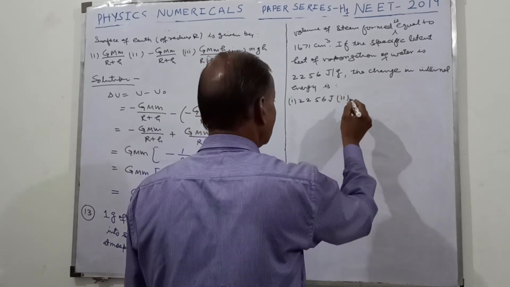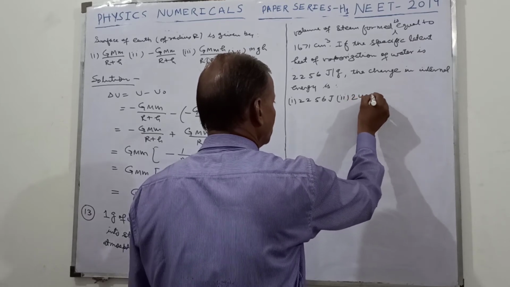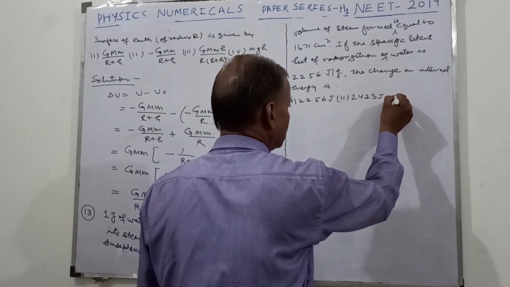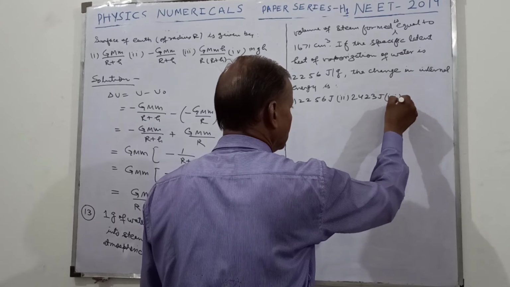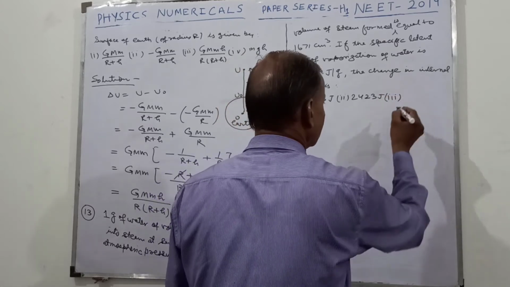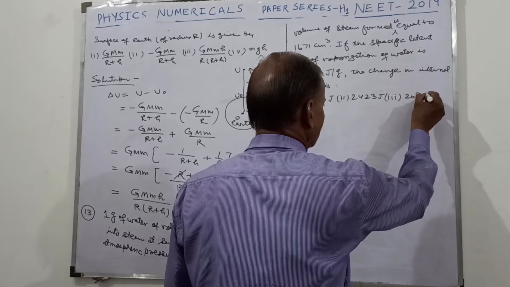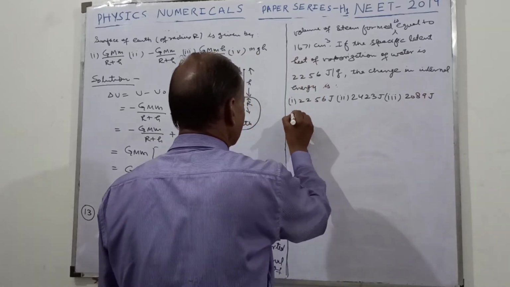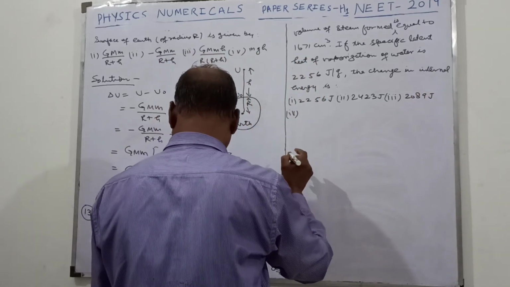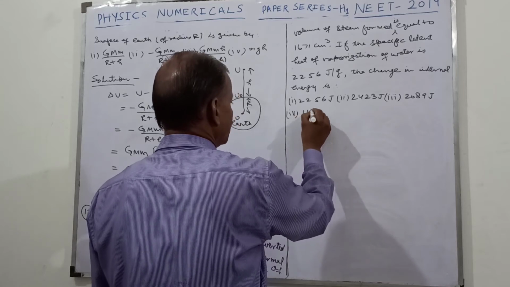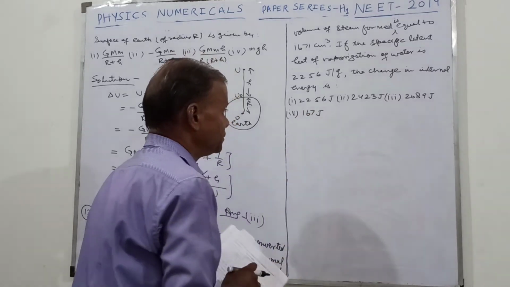Second is 2423 joule. And now third is 2089 joule. And fourth is 167 joule. This is given.